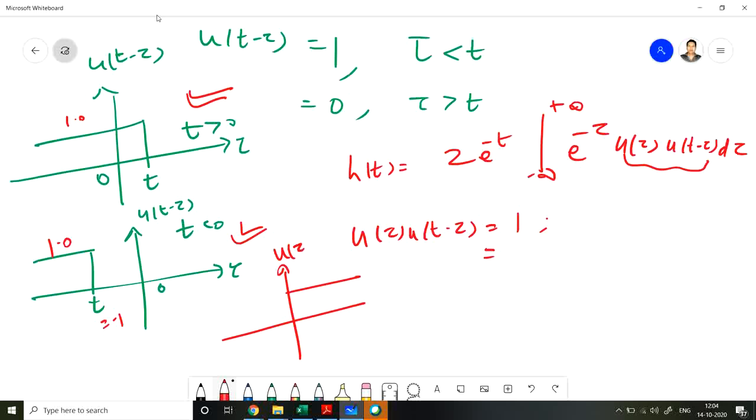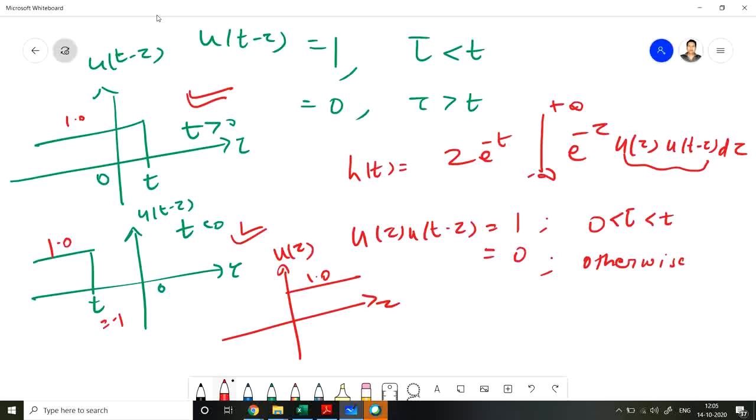First, this is u(tau), and this is u(t minus tau). If we consider this case, what is the overlapping region? It is equal to 1 when 0 is less than tau less than t, and it is equal to 0 otherwise. So the integration limit will not go from minus infinity to plus infinity, it will go from 0 to t only.